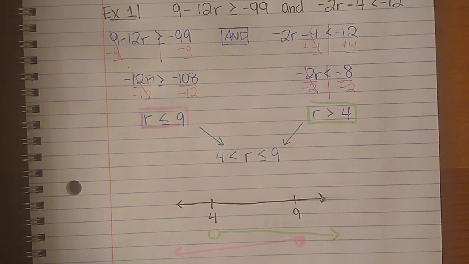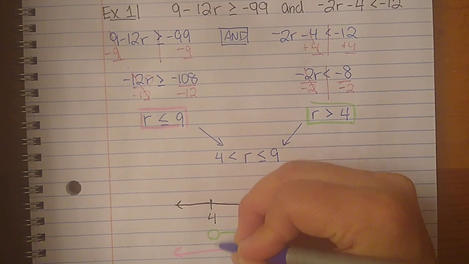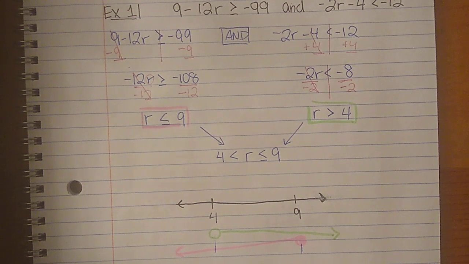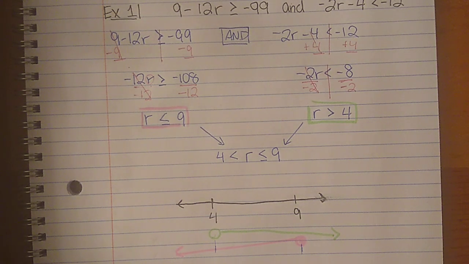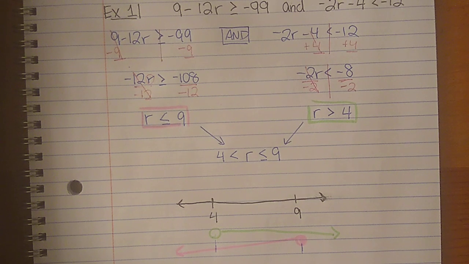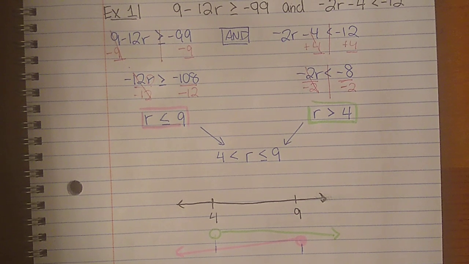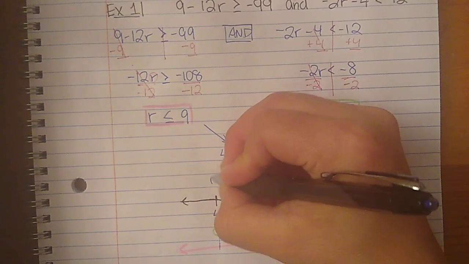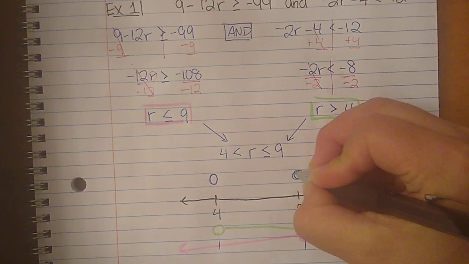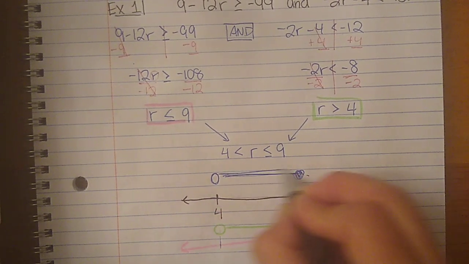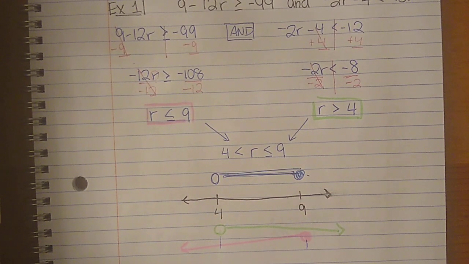But because these overlap and I need to satisfy both elements, it needs to be greater than 4 and less than or equal to 9. Only numbers in between 4 and 9 are going to work here. So when I'm graphing this solution, we keep that open circle at 4, closed circle at 9, and all we need to do is connect the dots, because only the numbers in between work.